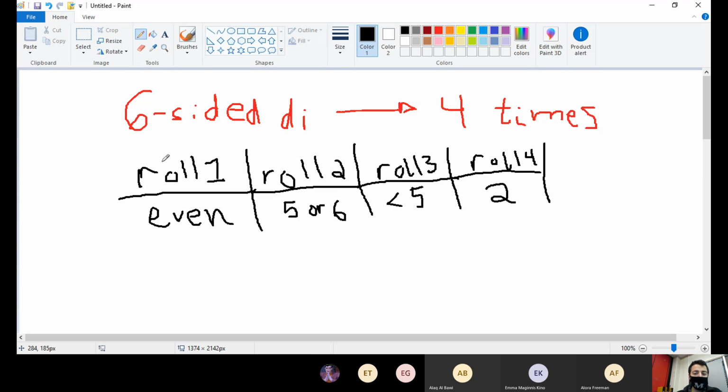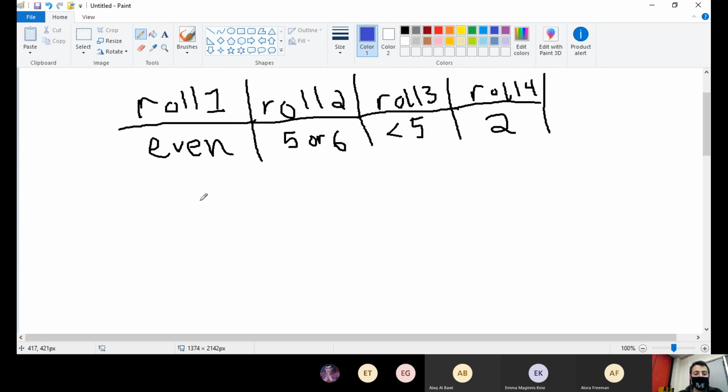All right, so it's kind of a mouthful, but I roll the die 4 times, and what's the probability that when I do, the first one will land on some even number, the second one will land on either 5 or 6, the third one will land on some number less than 5, and the fourth time I roll it lands specifically on 2. So what's the probability of getting all 4 of these things to happen? All right.